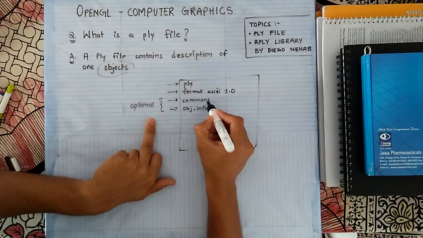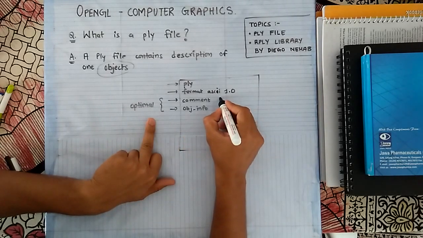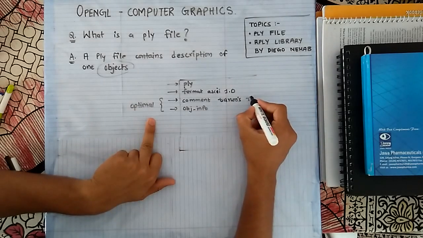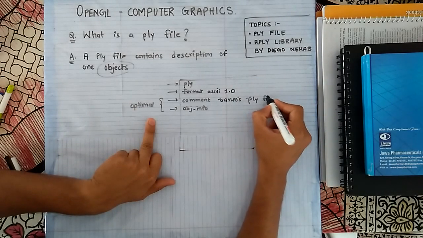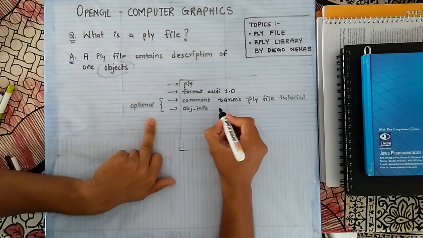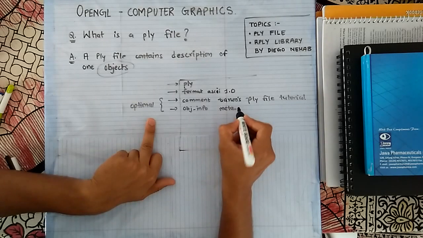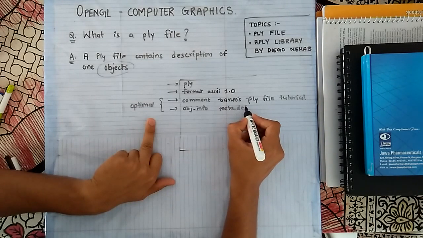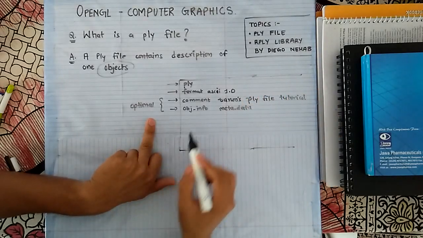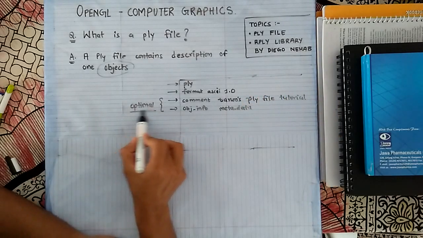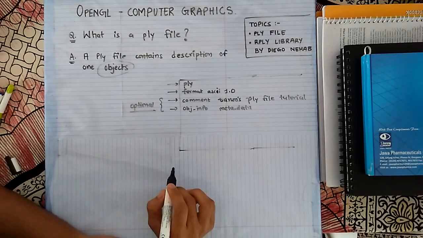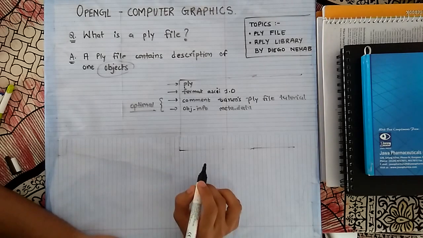So in comment, suppose I write Tarun's PLY file tutorial. And in obj_info you generally write the metadata regarding your object. As I have already said, these both are optional and are not of much significance to us. So directly I will start with the elements.